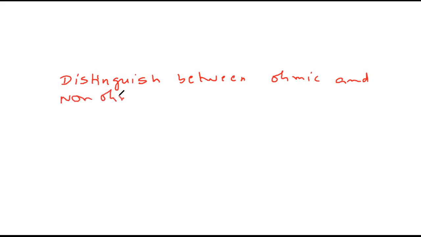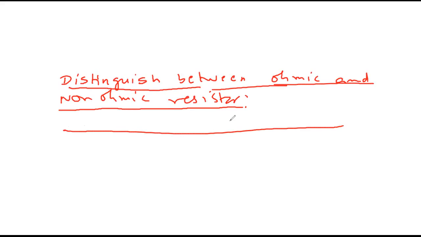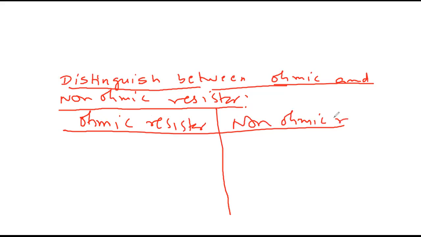Next, write: distinguish between ohmic and non-ohmic resistor. Make two columns: ohmic resistor, non-ohmic resistor.